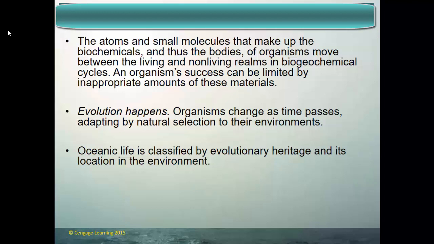An organism's success can be limited by inappropriate amounts of these materials. Another main concept from Chapter 12 is that evolution in fact happens. Organisms change as time passes, adapting by natural selection to their environments. And lastly, oceanic life is classified by evolutionary heritage and its location in the environment.